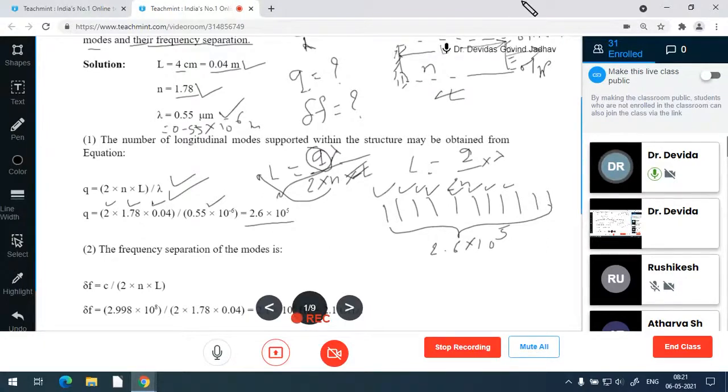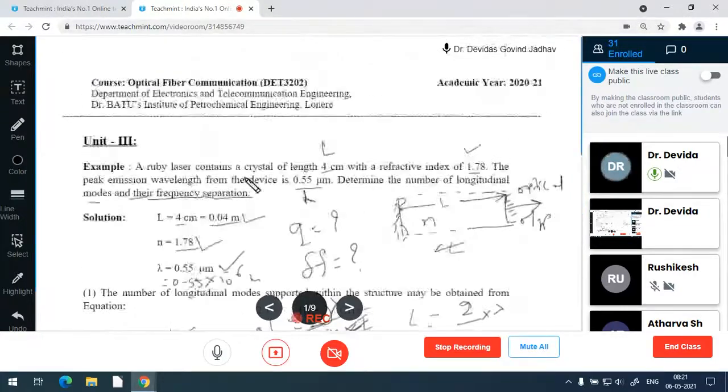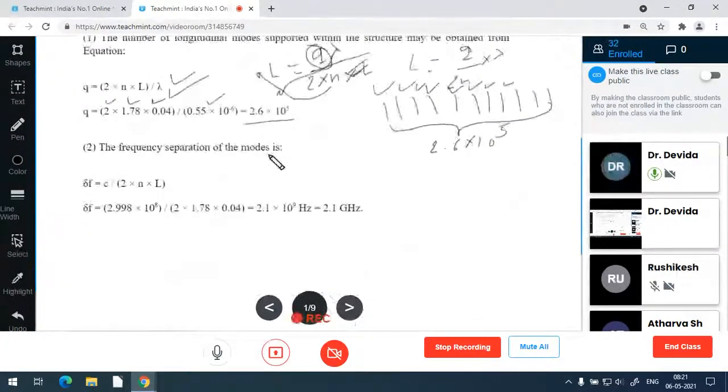The ruby laser contains the crystal length of 4 centimeter. So Q supported by this crystal is 2.6 into 10 raised to 5, so these many number of frequencies are there.